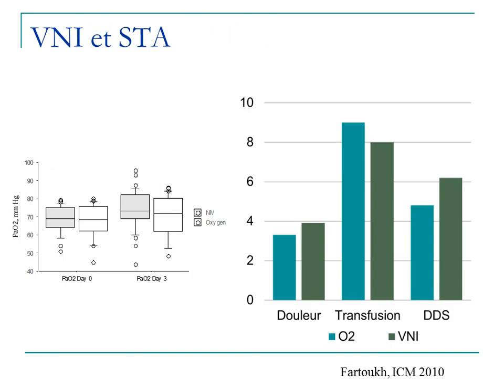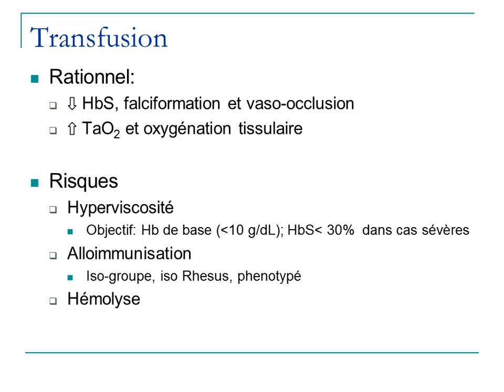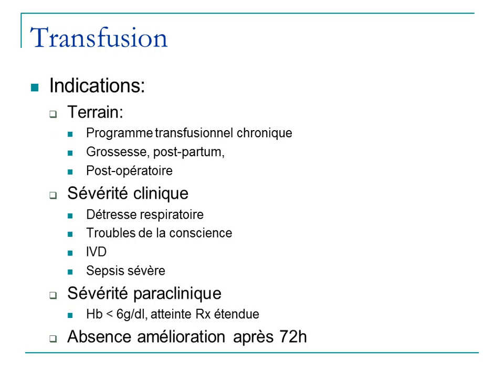Here, Marielle Fartouk has shown that there is no real efficiency of non-invasive ventilation, probably connected to how patients were selected. Transfusion is the general tool that is used to treat ACS currently, but there are risks associated. Number one, hyperviscosity, so hemoglobin should not be too high in the patients that you selected, and hemolysis also, I talked about it.